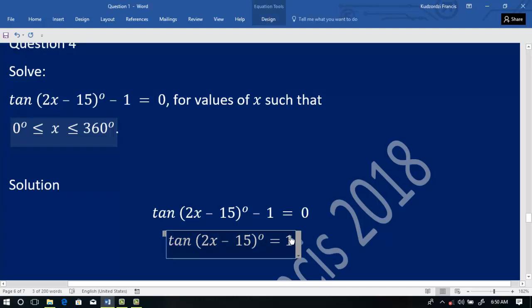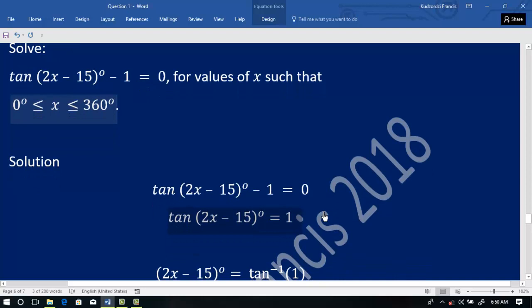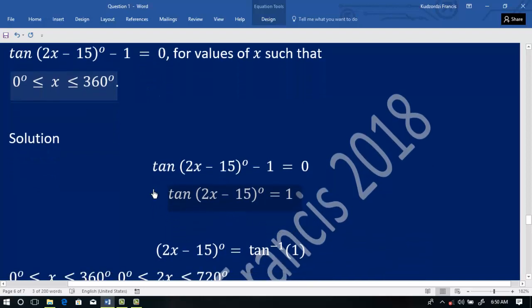Now, when we are solving trig equations, you need to be very, very careful. So we take the tan inverse of both sides of the equation to obtain this. Now this is where the problem is.